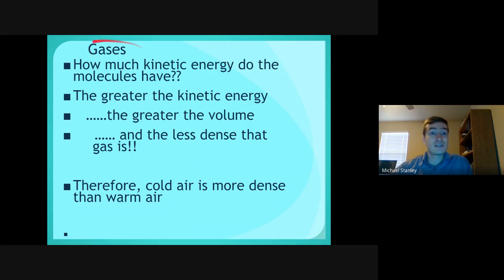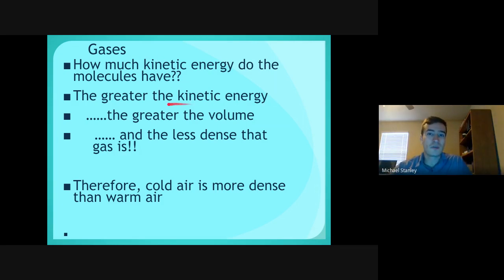Like I mentioned, gases still have density, just like solids and liquids. In general, the density of gases depends on their volume. Gases are all super light, so how much space they take up will determine their overall density. Way back at the beginning of the school year, we talked about solids, liquids and gases, and I mentioned that in gases, the particles are very fast, they have a lot of energy, and they're moving around a whole lot.